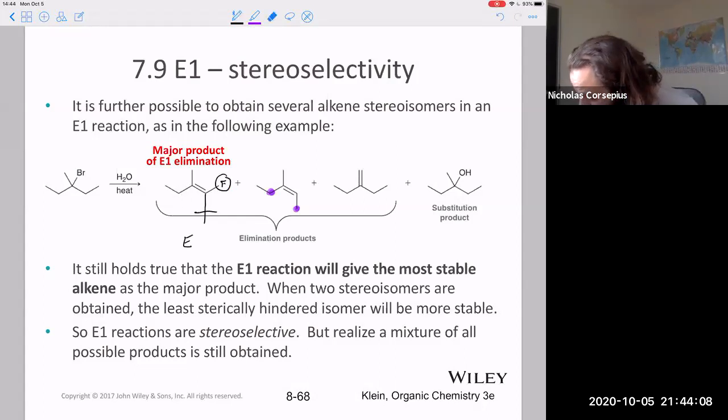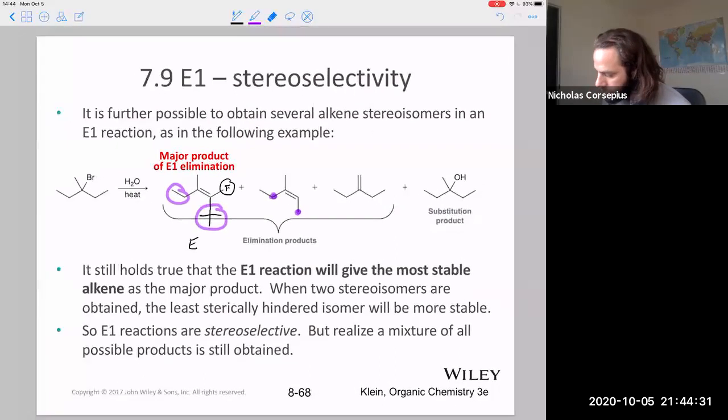So this is the E conformation. However, what really matters in terms of stability are our big bulky groups next to one another. So here, this tert-butyl group next to this ethyl group is going to be less favorable than having the fluorine next to the ethyl group. So you can't really commit. It's not as easy as saying it's always going to be the E product that's favored. So just be careful. Okay.